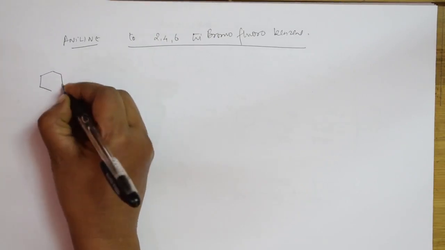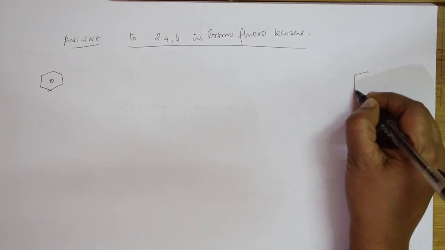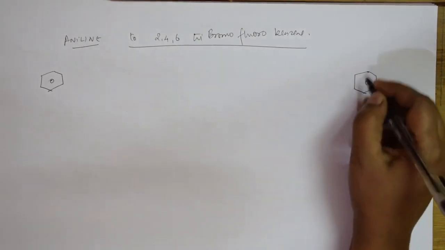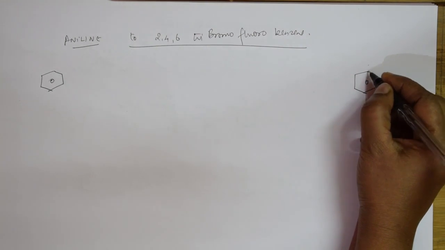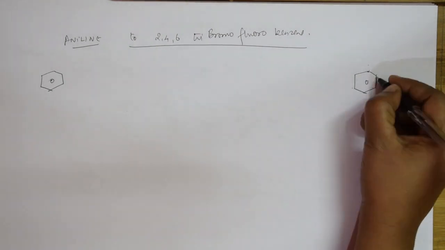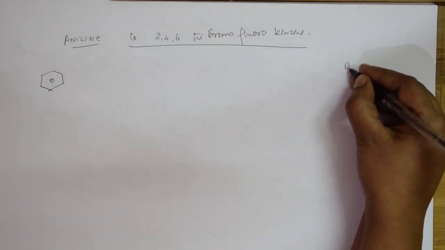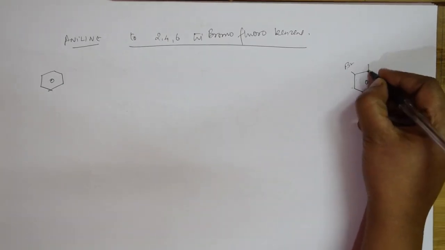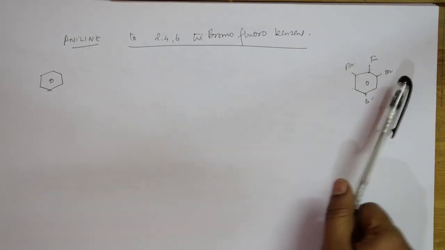First, I'm going to take aniline. To the benzene ring, I require tribromo at positions 2, 4, 6. 1, 2, 3, 4, 5, 6. 1, 2, 3. Tribromo fluorobenzene. Right? This is okay. 2,4,6-tribromofluorobenzene. Now what is extra?